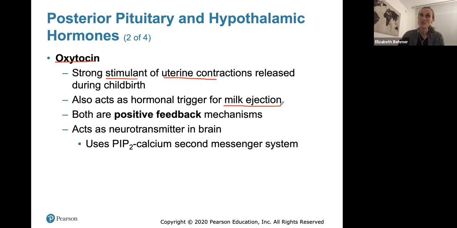You also may remember that after directly giving birth, maybe for several days after giving birth, when you were breastfeeding, that stimulates your uterus to contract because oxytocin is the hormone that controls uterine contractions and milk ejection. The milk ejection, not the formation of milk, but just the milk being let down.